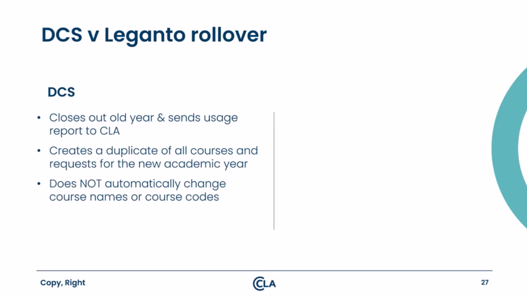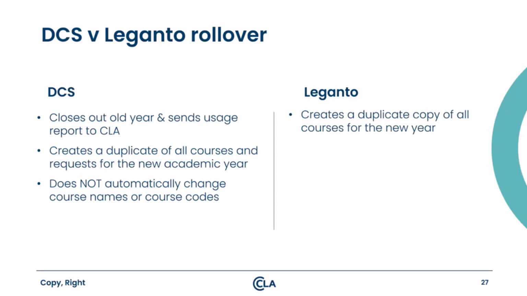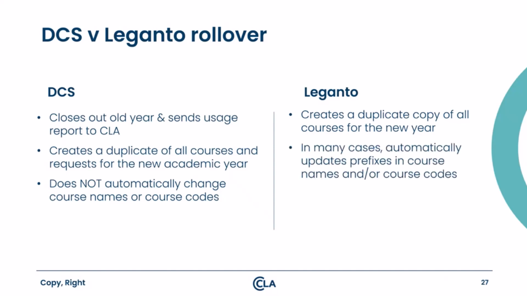But we do not automatically change course names or course codes or make any changes. It will be literally a duplicate. In Leganto, generally, when you roll over, it will again create a duplicate copy of all courses for the new year. But in most cases, it seems to automatically update the prefixes in course names and or course codes.